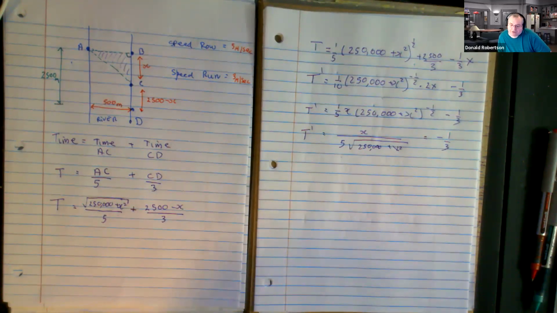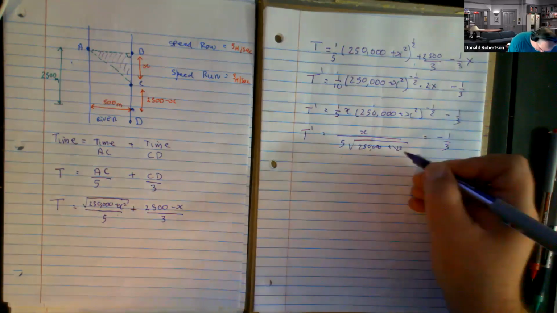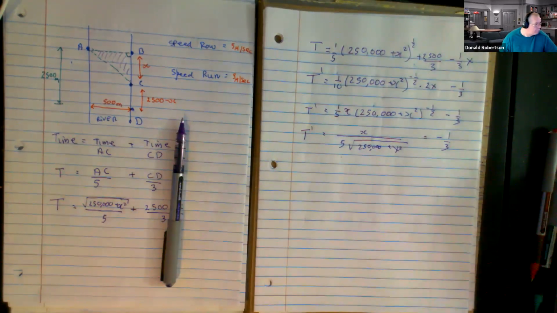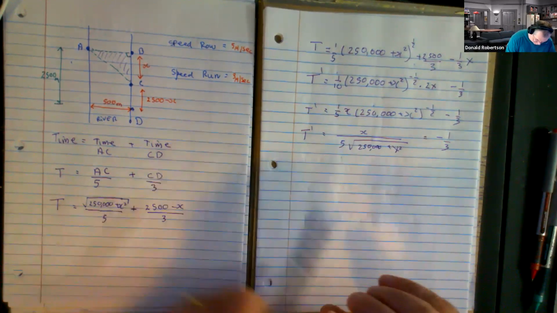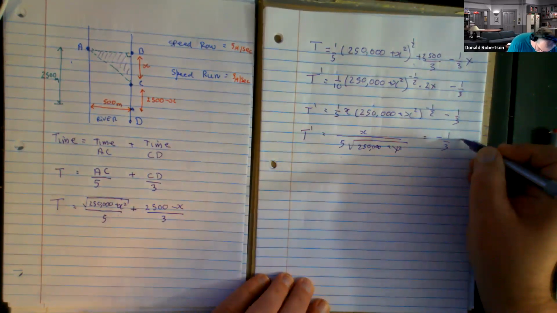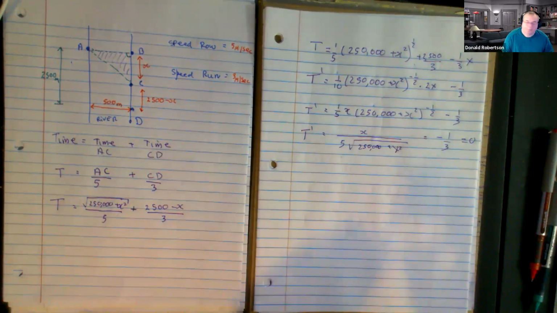It's not a surprise that the derivative is just ugly, but we do know what we're trying to find. We're trying to find when is it 0, right?